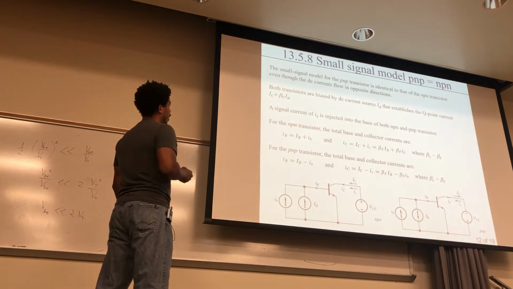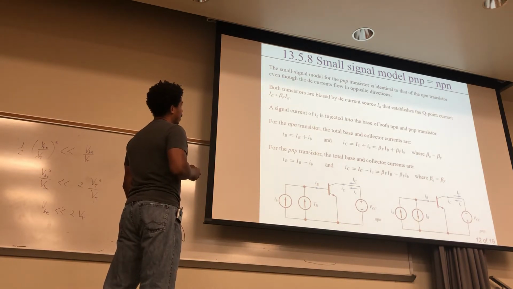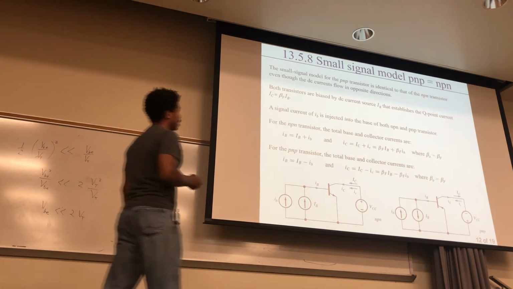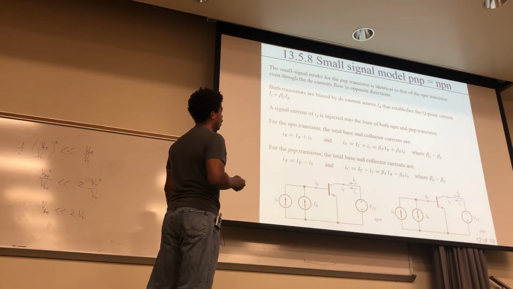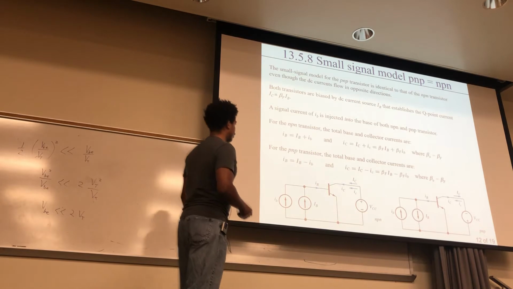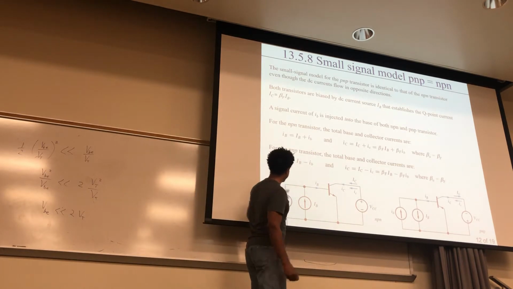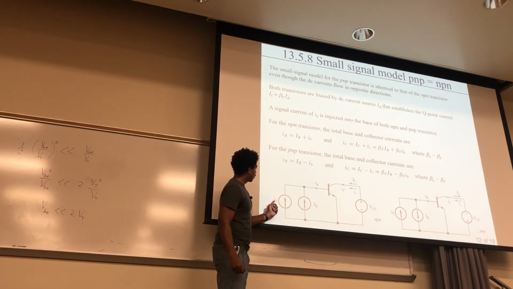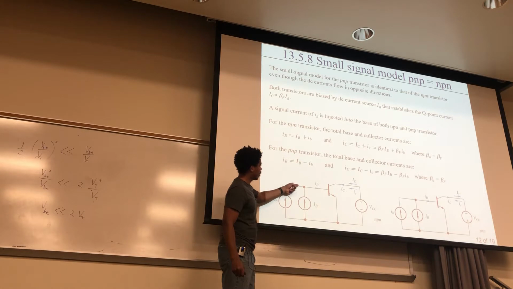A signal current ib is injected into the base of both NPN and PNP transistors. So here's the NPN, and here's the lowercase ib, the signal you're really concerned with, coming in this direction right here.